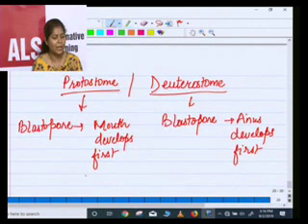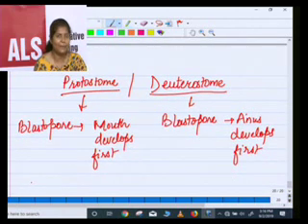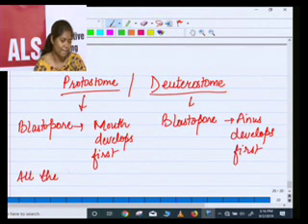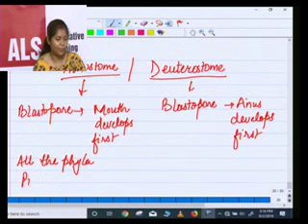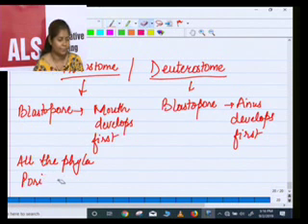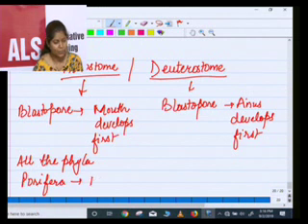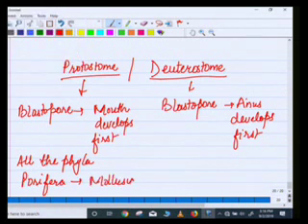So all the phyla from Porifera to Mollusca have development of mouth first, that is, they are protostome.